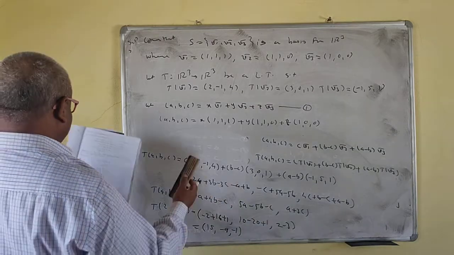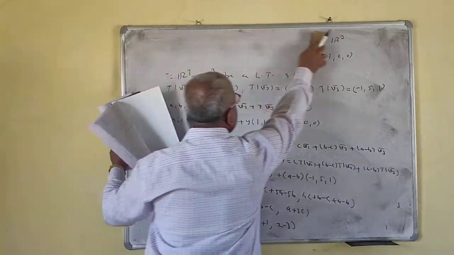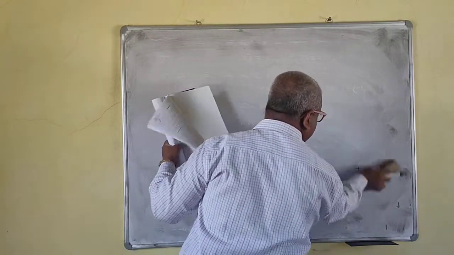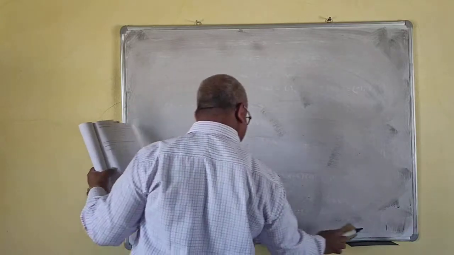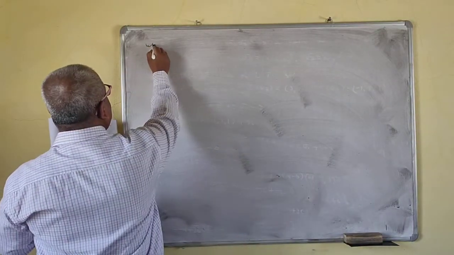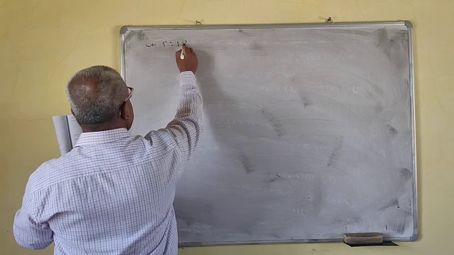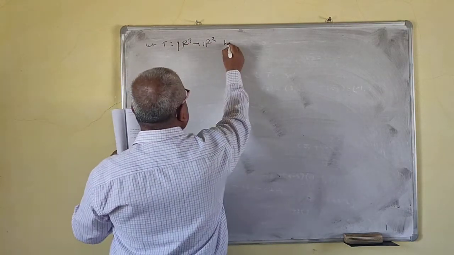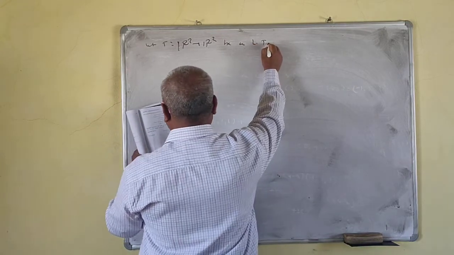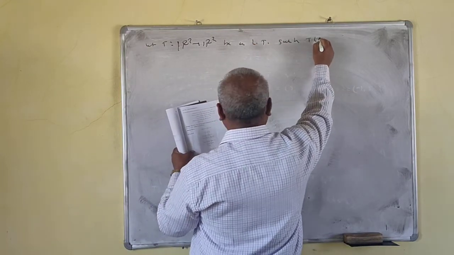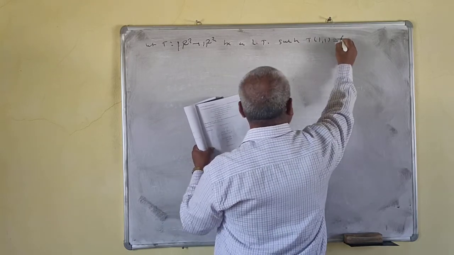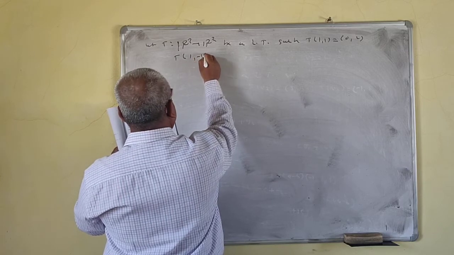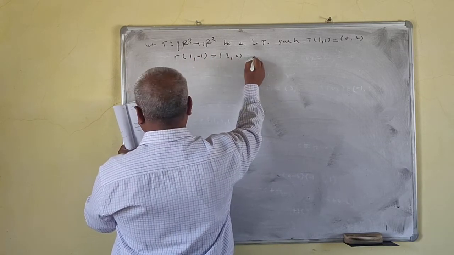Now next we'll take the next problem. Let T from R2 to R2 be a linear transformation such that T of (1, 1) is equal to (0, 2), T of (1, minus 1) is equal to (2, 0).